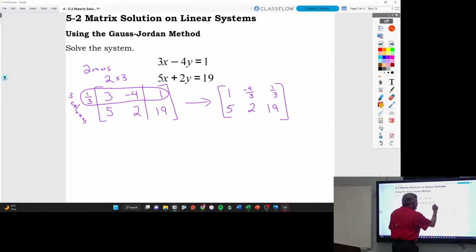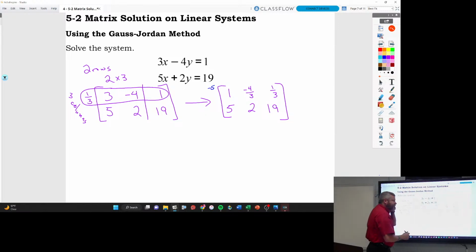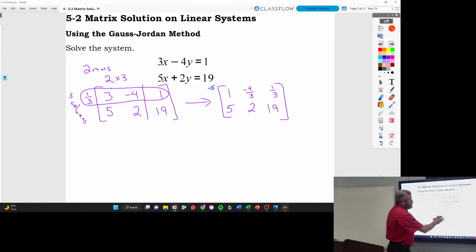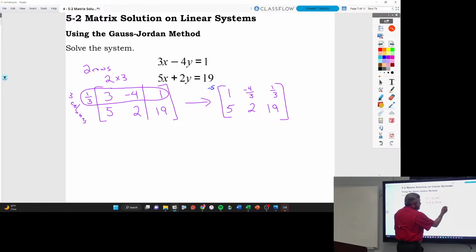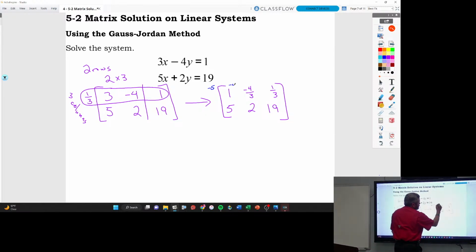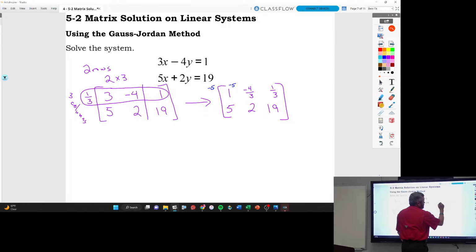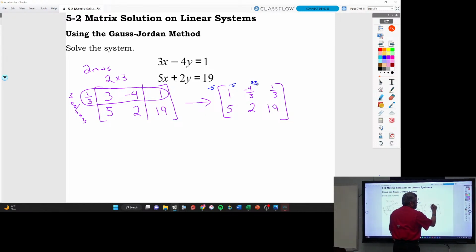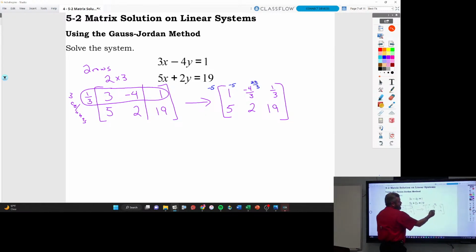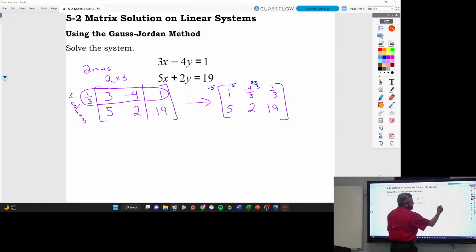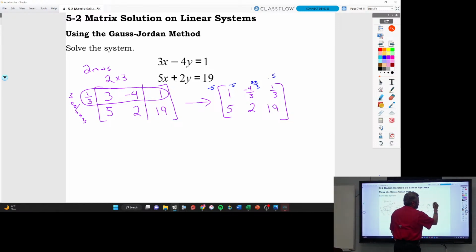If I take negative 5 times 1, I get negative 5. If I take negative 5 times negative 4/3, I get positive 20/3. And if I take negative 5 times 1/3, I get negative 5/3.